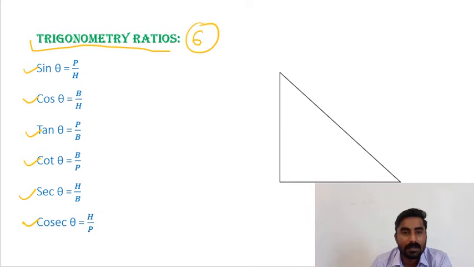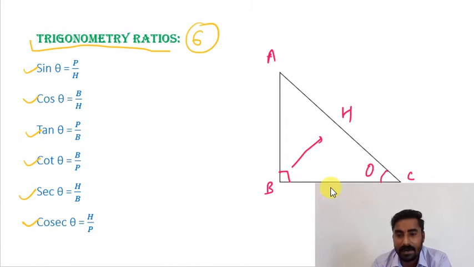Suppose here is a right angle triangle with A, B and C, this angle is 90 degrees, the side opposite 90 degrees is the hypotenuse, and we consider this angle as theta. The side opposite theta is the perpendicular, and the remaining side, which contains 90 degrees and theta, is the base. The ratios of the sides are sin theta, cos theta and tan theta. We will start with sin theta.